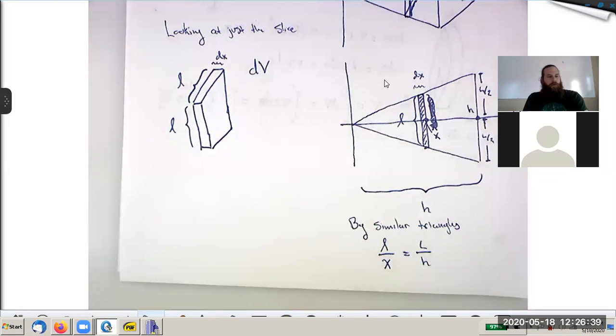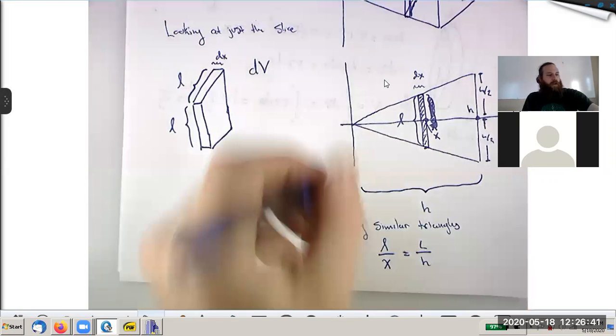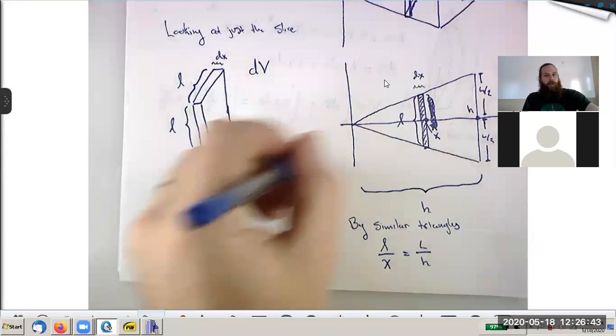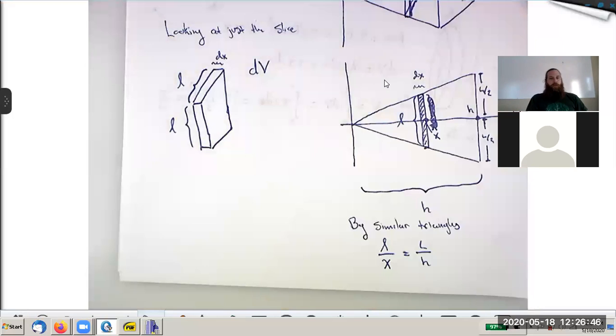Another option would be to construct the linear function here that defines the boundary of the pyramid. You could do that, but it just takes a little bit more work than using the similar triangle argument. So I prefer the similar triangle argument, but either one is okay.